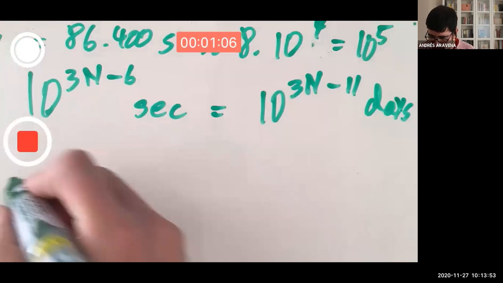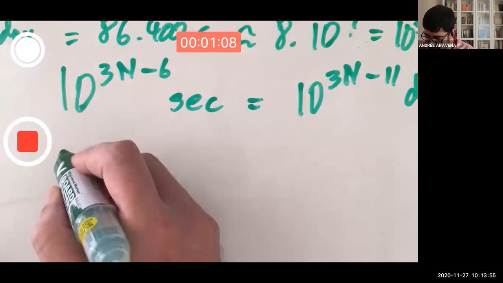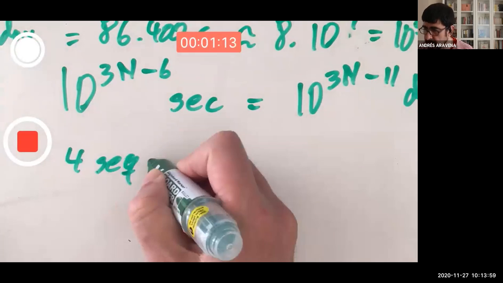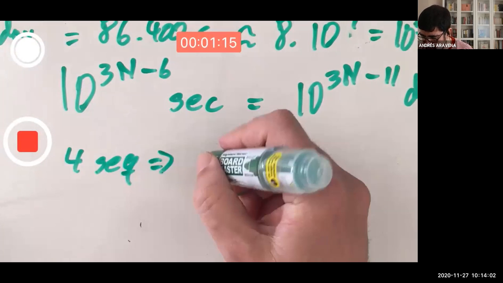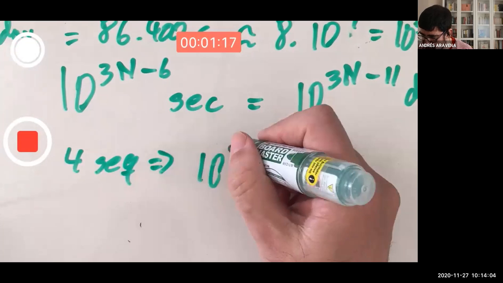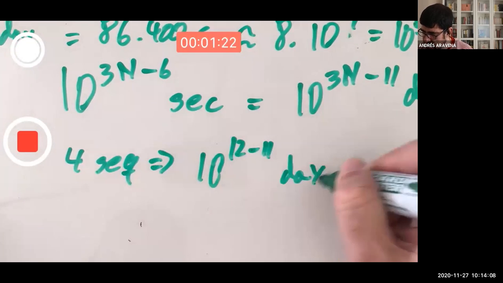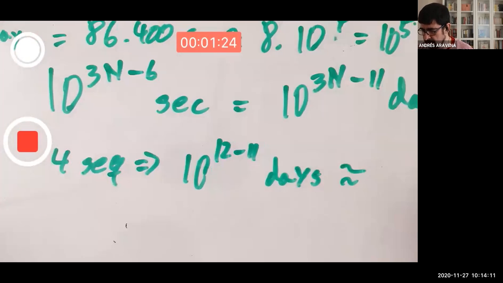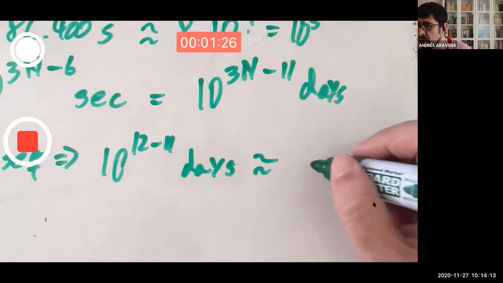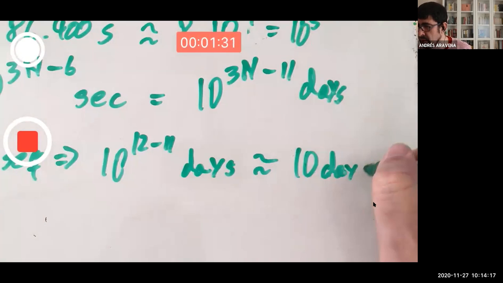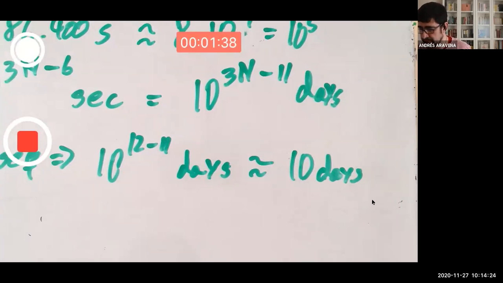And that means essentially that if we have 4 sequences, we take 10 to the 12 minus 11 days. It's not exact, but it will give you an idea of how much you have to wait: 10 days. So if you are going to do this with this method, you need 10 days of computing.